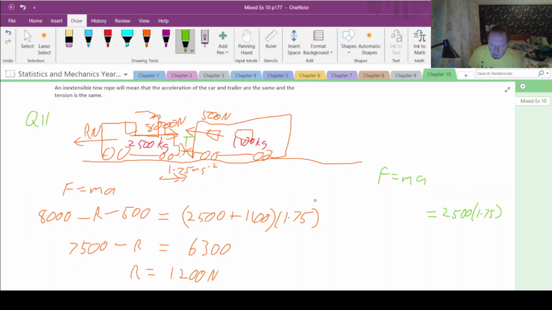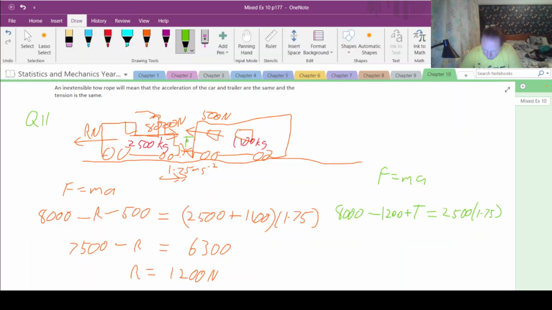Now, in terms of the forces, we've got 8,000 going forward, and we've got the 1,200 coming to the left, the resistance force, and we've also got what I have labelled up as a tension in here, or this compression as they are calling it.